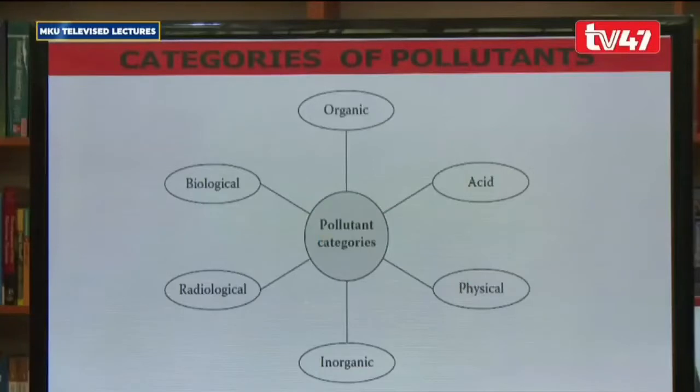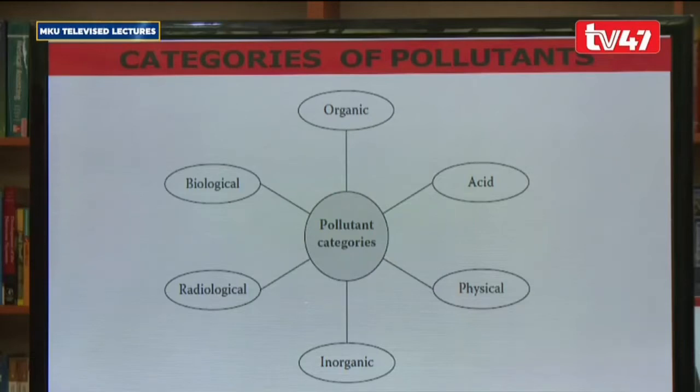Then we have the physical types of pollutants. The physical types of pollutants are the solid forms, for example trash, the way we normally throw away a piece of paper.